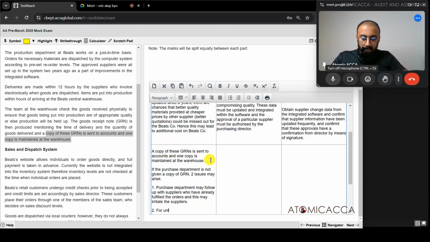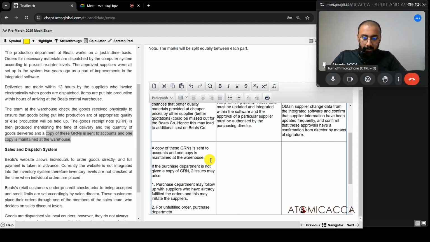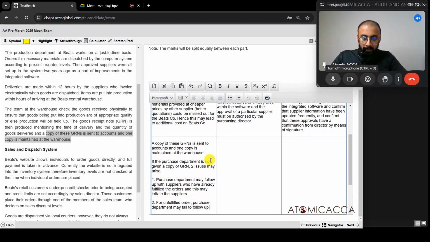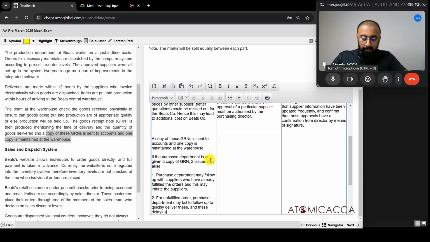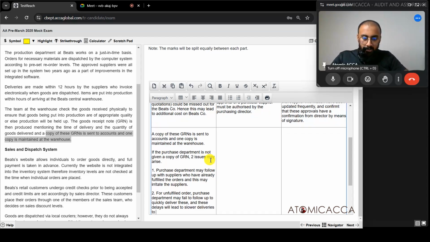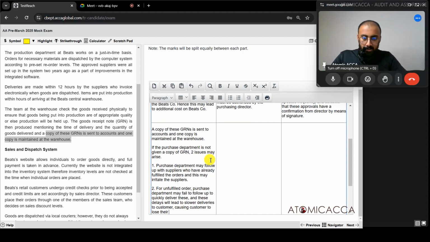Two, for unfulfilled orders, purchase department may fail to follow up to quickly deliver these, and these delays will lead to slower deliveries to the customer, causing customers to lose their goodwill with the company.